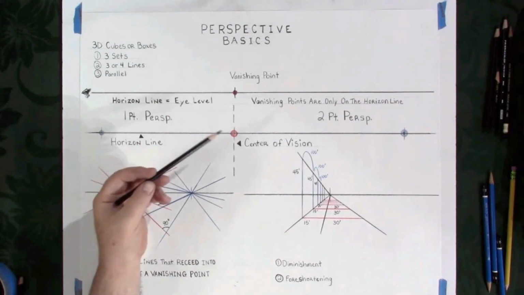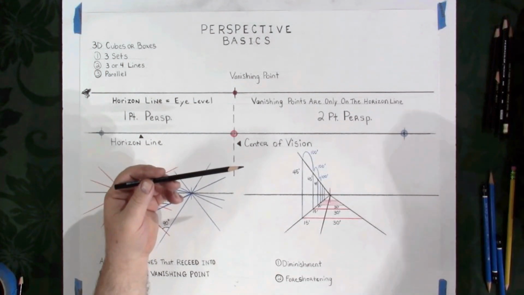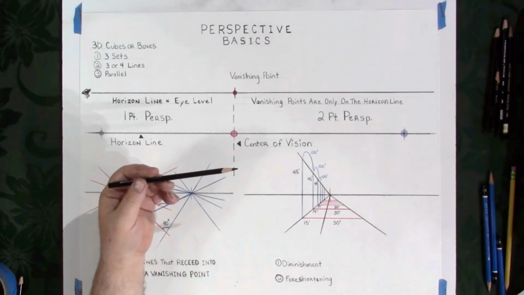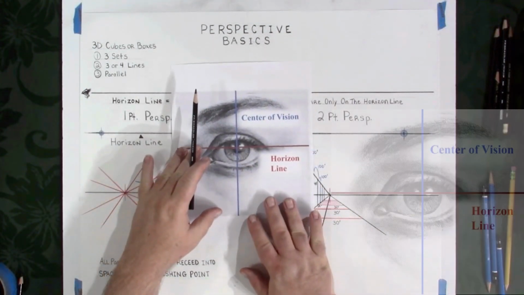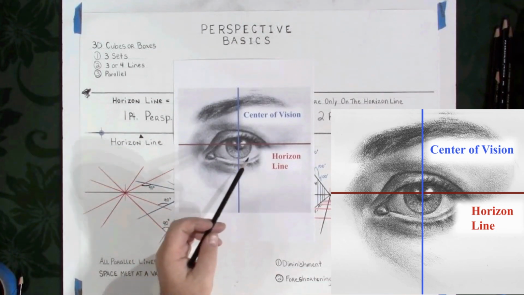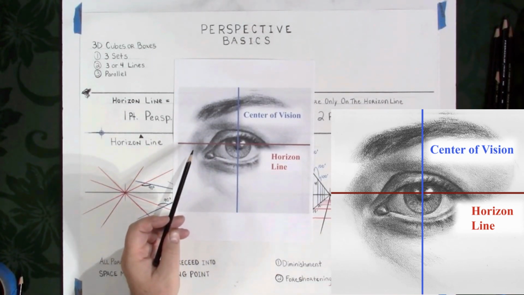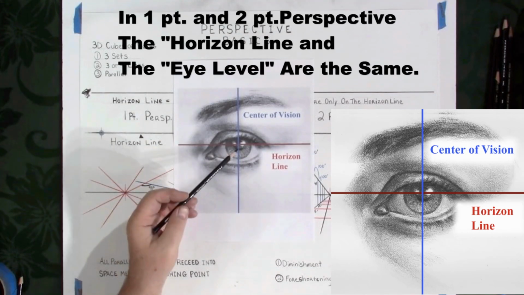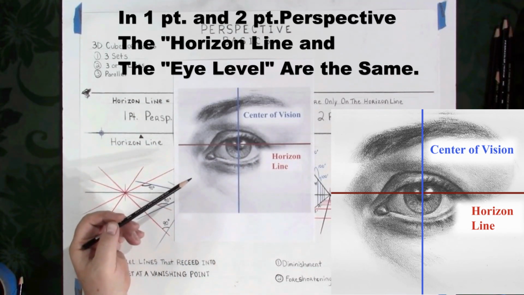If you could imagine a midline passing through the middle of your eye, and we have to imagine it, obviously it's not tattooed on there, but the line going through the middle of the eye would be the horizon line. Okay? And so again, as long as we are in 1-point perspective or 2-point perspective, the horizon line and the eye level are the same thing.